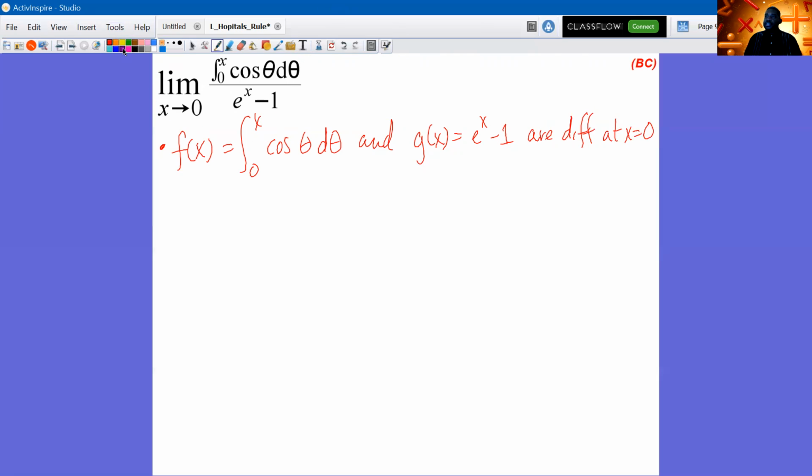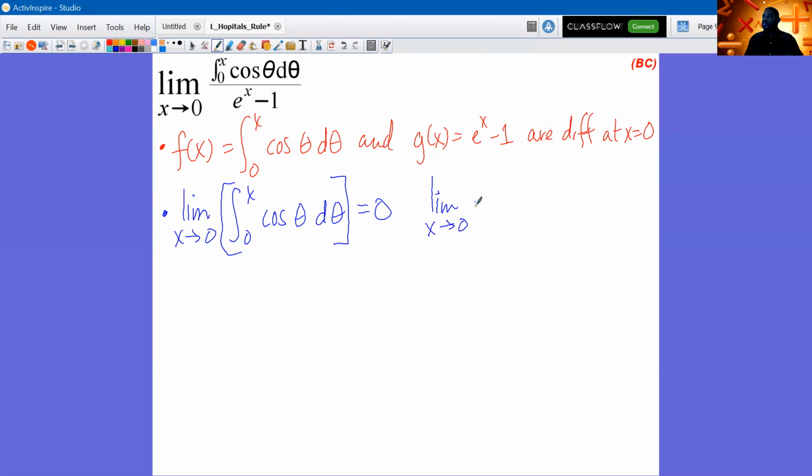After we check differentiability, we evaluate. So remember, plugging in 0, the definite integral from a number to itself is always going to be 0. And then plugging in 0 in here, you get e to the 0, which is 1, minus 1 is 0.